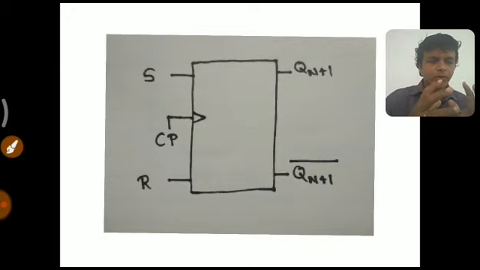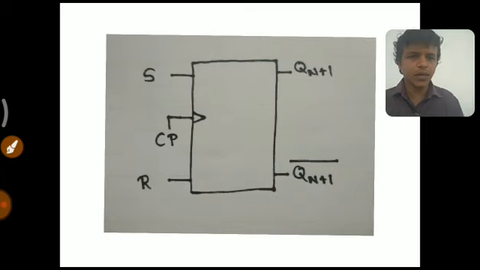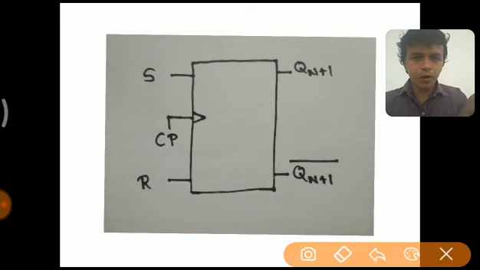There is confusion, and it is an unstable state. Both 0 and 1 compete with each other to take over the output. In order to avoid that condition, a small modification was made to the SR flip-flop.